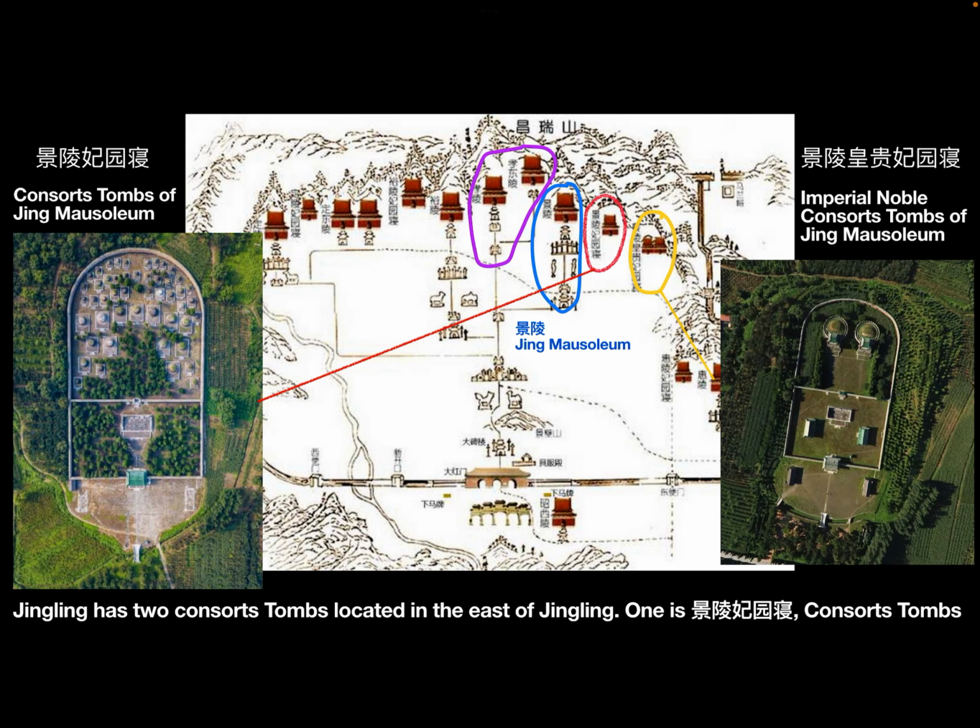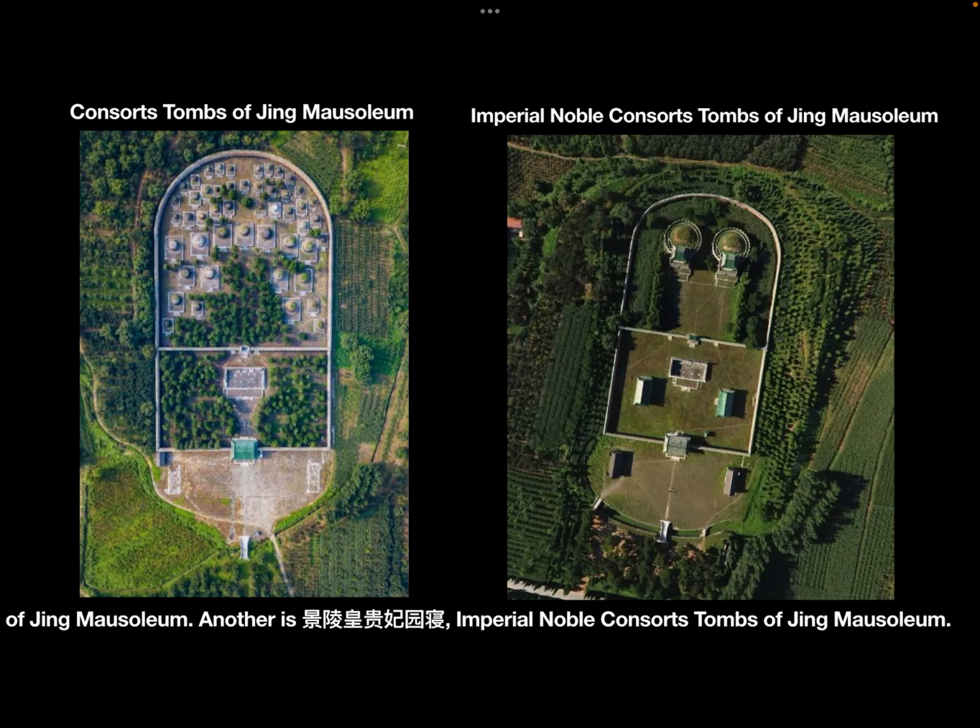Jingling has 2 consort tombs located in the east of Jingling. One is Jingling Fei Yuan Qin, the consort tombs of the Qing Mausoleum. Another is Jingling Huang Gui Fei Yuan Qin, the imperial noble consort tombs of the Qing Mausoleum.